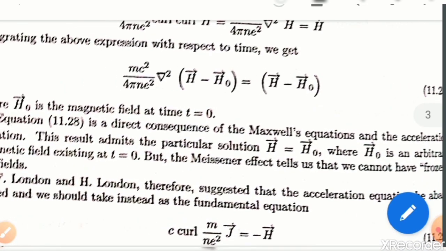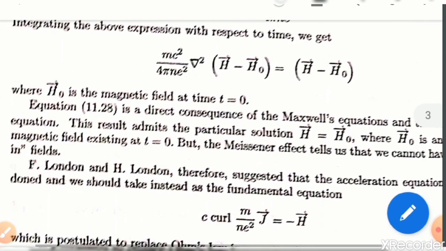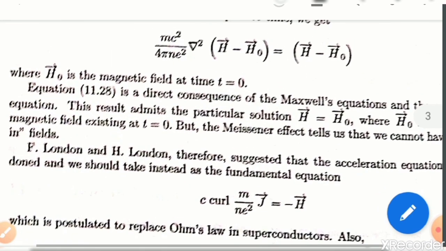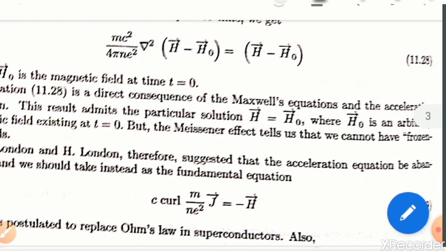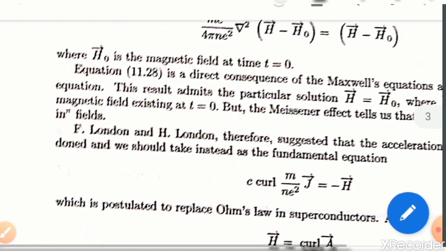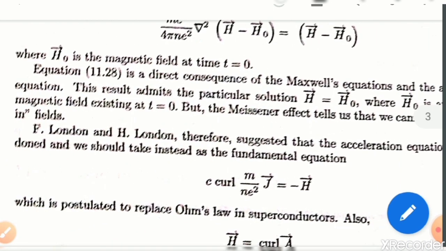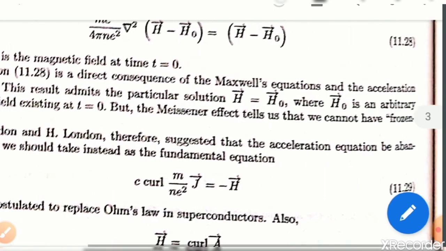But the Meissner effect tells us that we cannot have frozen-in fields. That means we can't have any H naught existing initially at time t equal to 0 within the specimen. But this equation says that it can have a solution which has H naught within the specimen.